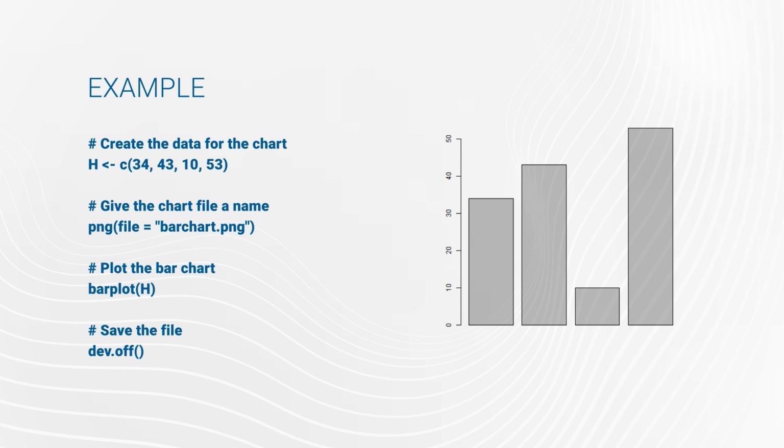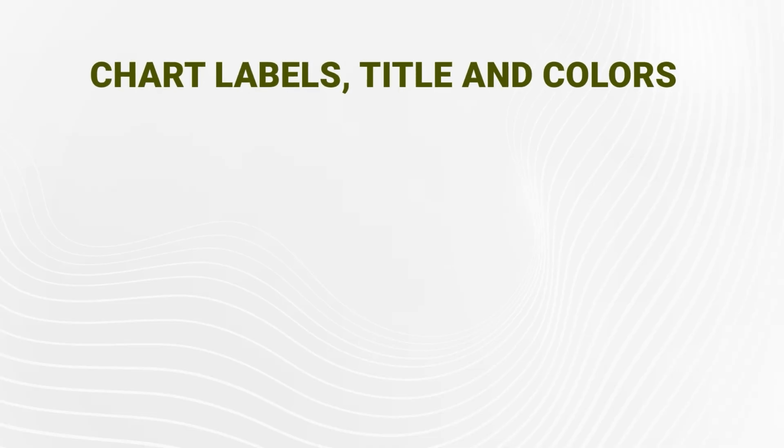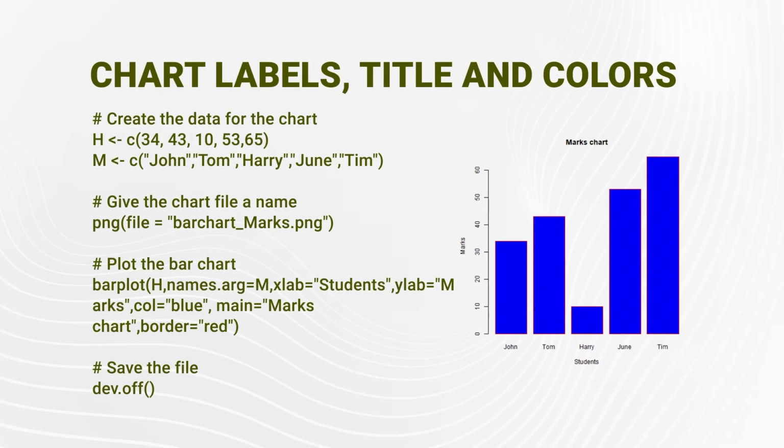Again, if you play with the arguments of the bar plot function, you can generate very beautiful charts. In this case, if you want to change the chart labels, give labels to the chart, you can give the title and colors also. So here you see 34, 43, 10, 53 and 65, and the names corresponding to these values are there. These are marks assigned to a particular name, the name of the student.